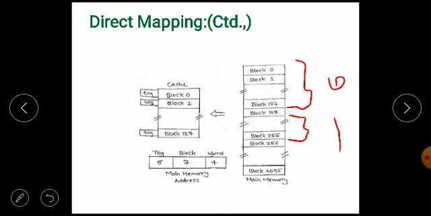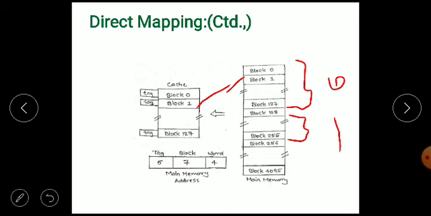Similarly, the second blocks of every page, right? For example, in the first page the second block is block 1, in the second page the second block is block 129, and in the third page the second block is block 257, right?